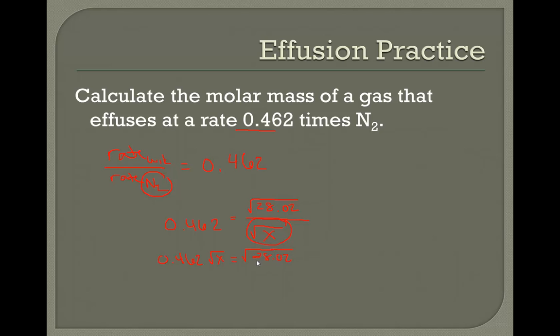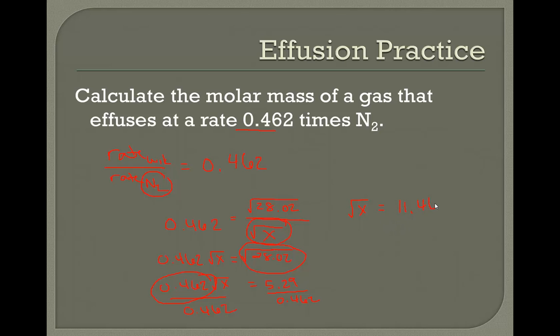Now I'm going to get rid of the square root of 28.02. 0.462 square root of x is equal to 5.29. Now I want to get rid of the 0.462. So the square root of x is equal to 11.46.